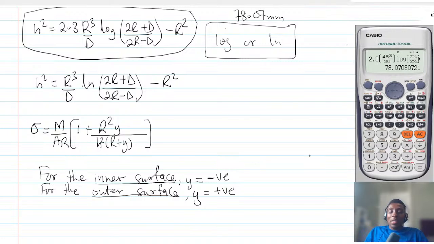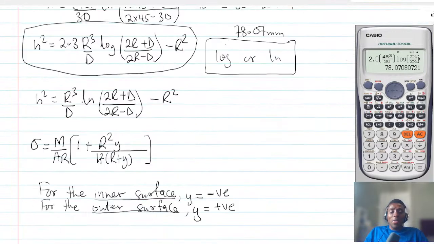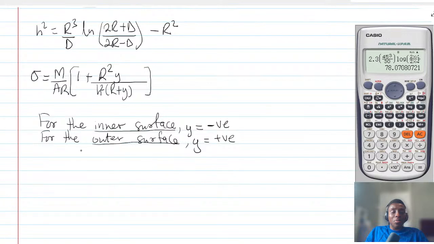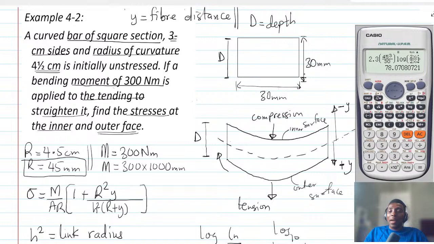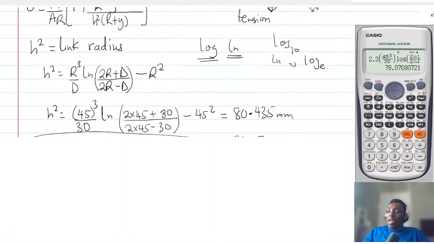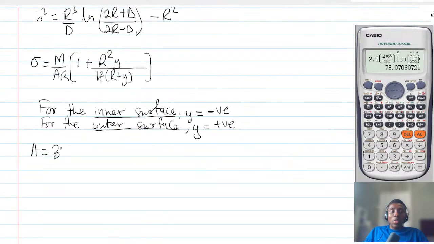So without wasting much time, what will be the area? The area of the square is 30 millimeters by 30 millimeters, which is 900 millimeters squared. We have the area, we have the moment.